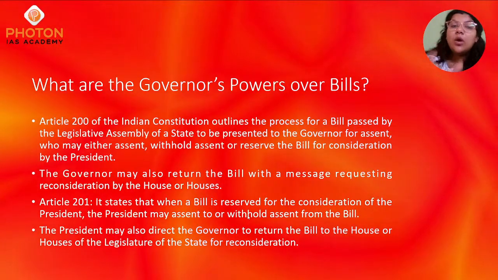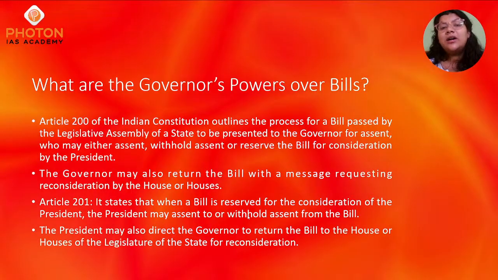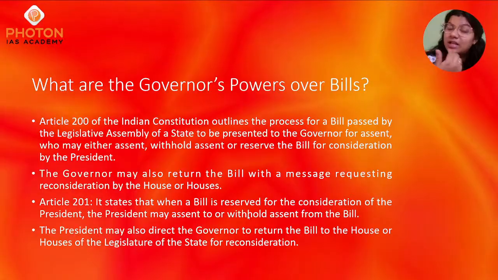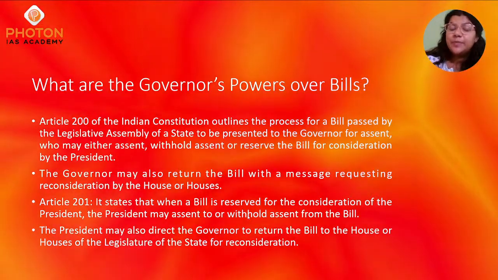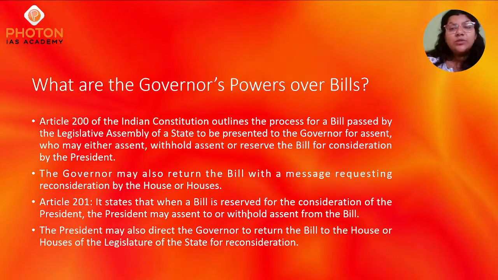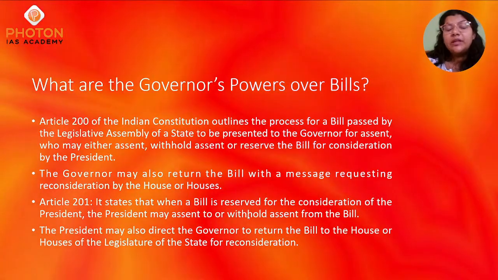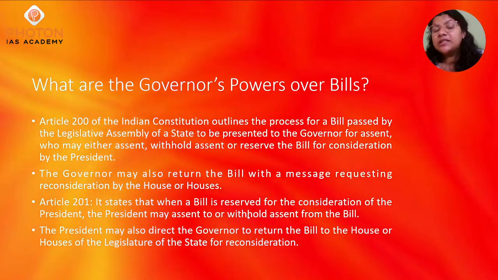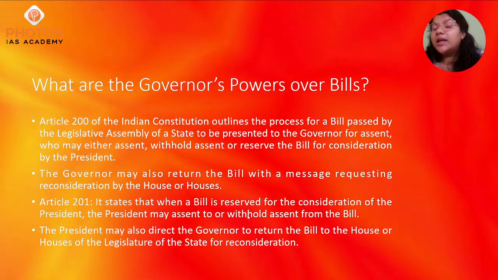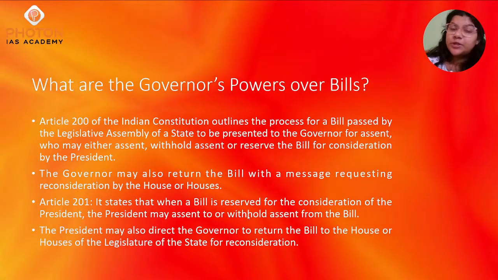The president can do this process infinitely, and does not have to give his assent once the bill has been resubmitted. This power is known as absolute veto power. So the president enjoys absolute veto power only with respect to state bills, bills passed by the state, and the governor does not enjoy this particular absolute veto power.